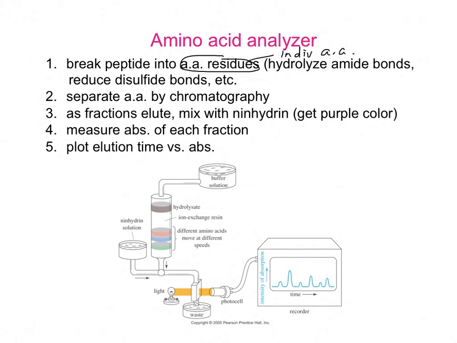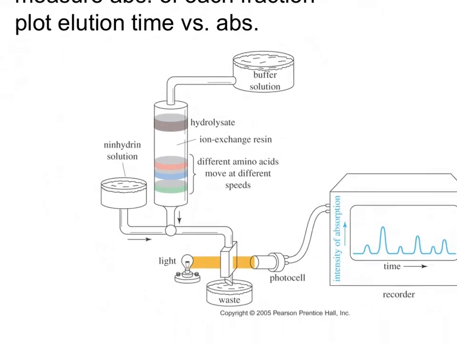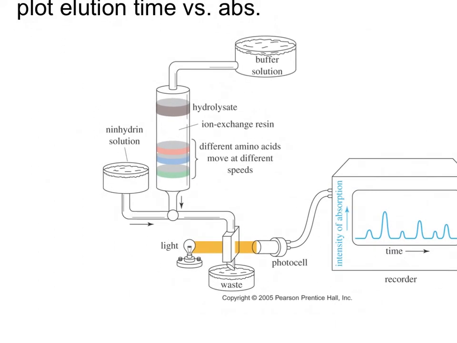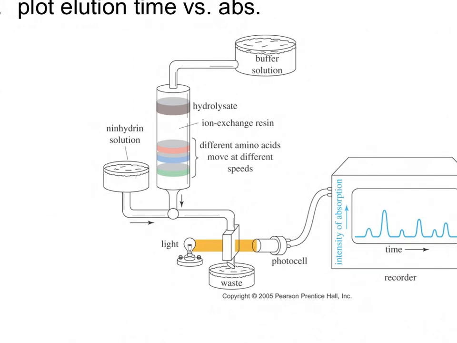The next thing we're going to do is kind of sort them out. And we're going to do that by chromatography. So step 2, you separate the amino acids by chromatography. And you can see, I'm going to expand in on this picture here, see where we are in the picture. So we have up here a buffer solution, and this is where hydrolysis will take place.